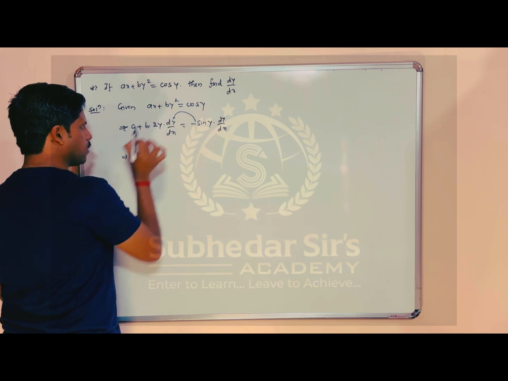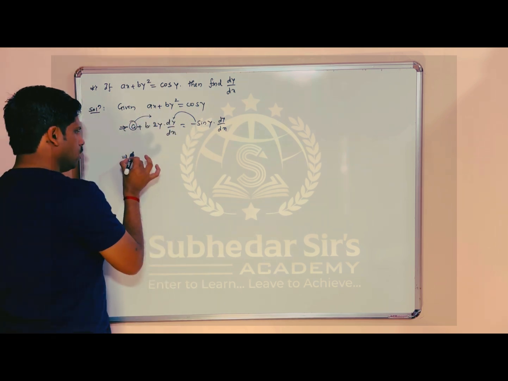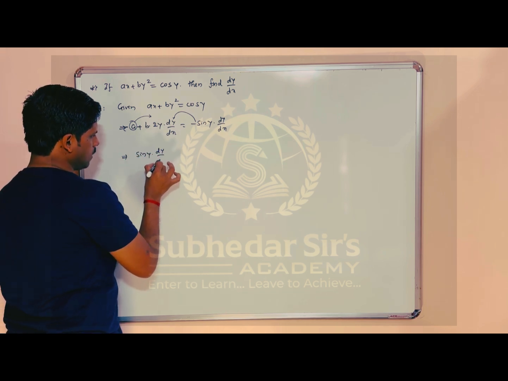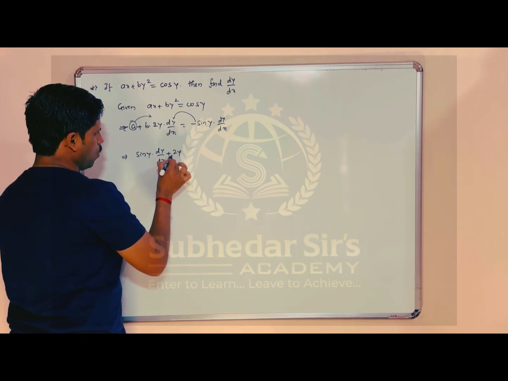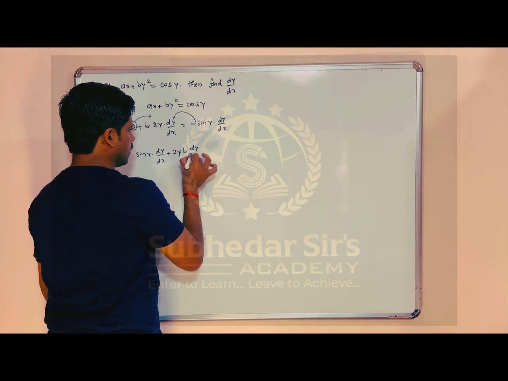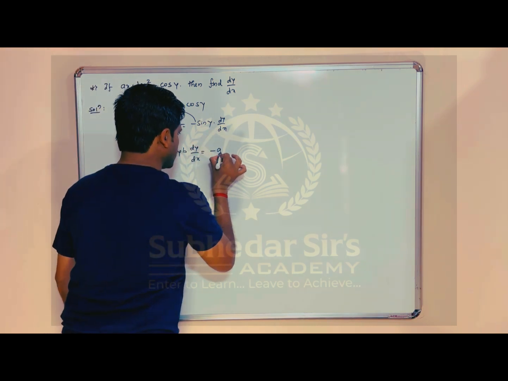So take this minus sign to LHS and a to RHS, right? So it becomes positive sine y into dy by dx plus 2by into dy by dx is equal to minus a.